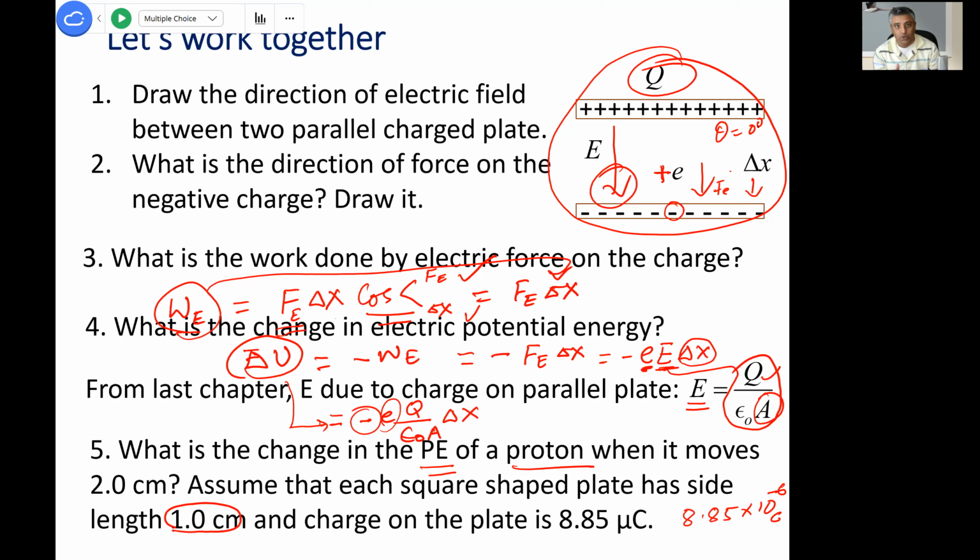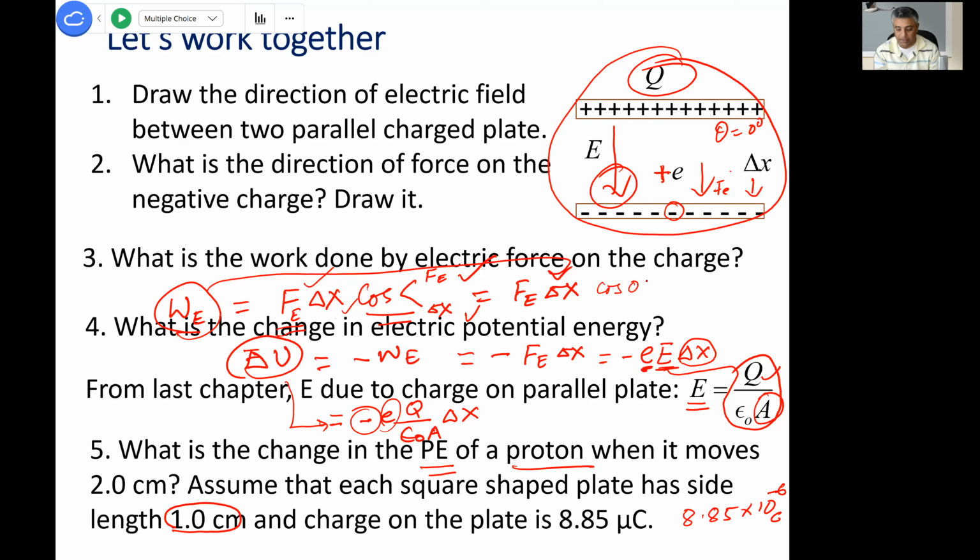So that means work done is going to be what? We can go back here and write force times displacement and cosine of the angle between them. So force Fe and delta x, and what's the angle between them in that case?